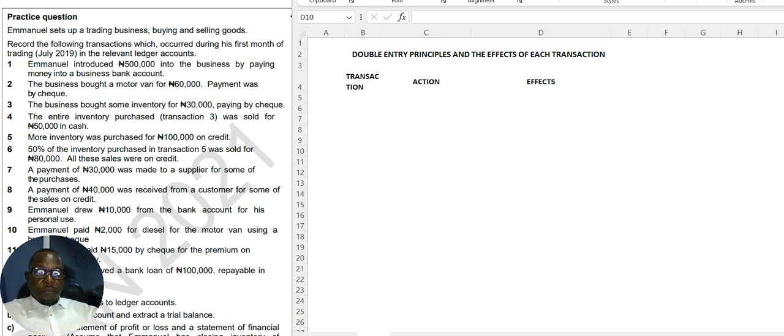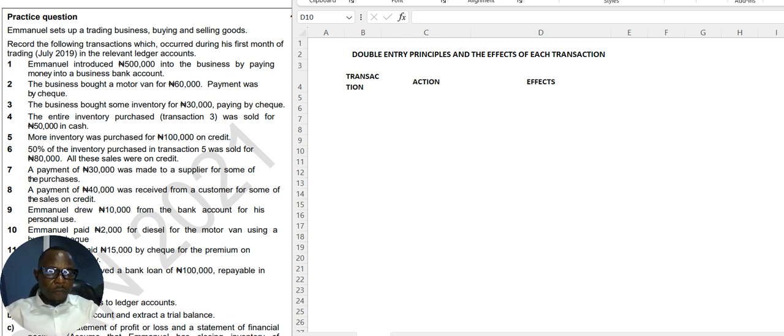We're going to be recording the transaction, looking at the double entry principle, and we'll be looking at the effect, because we have solved this problem earlier on. So in this class, we're looking at the double entry transaction and the corresponding effect.